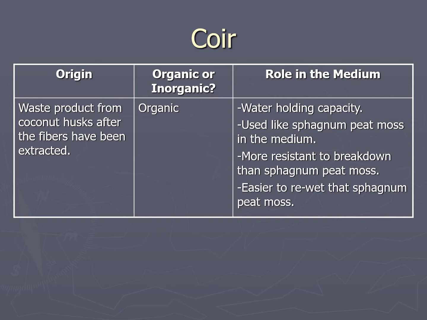Now the fibers can be used to make many useful products. Have you ever seen a doormat made from coconut fibers? So that's what the fibers are used for. And then the coir is kind of what's left. So the coir is kind of embedded around in between the coconut fibers. And after those fibers have been extracted, then you have the coir.